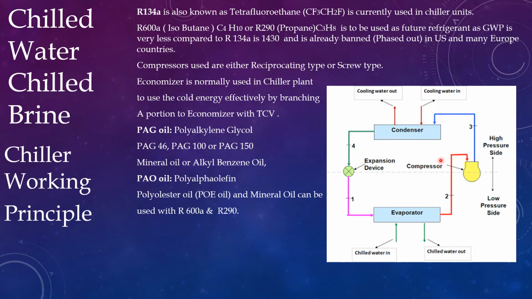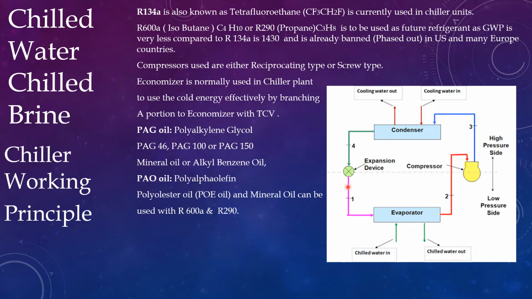Now we can see the operation of the chiller compressor. Either it is a screw compressor or a reciprocating compressor. Nowadays R134A is used in the compressor. The compressor will compress the gas. The compressed gas will go to the condenser, where cooling water is used to condense the refrigerant, freon or R134A. The condensed liquid will come here.